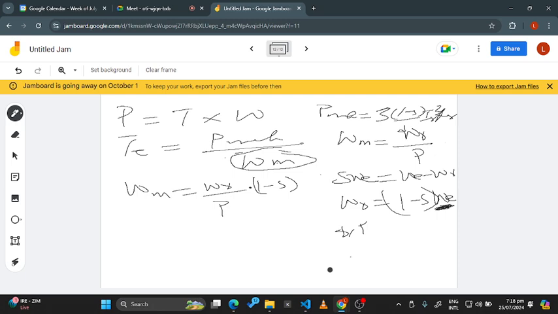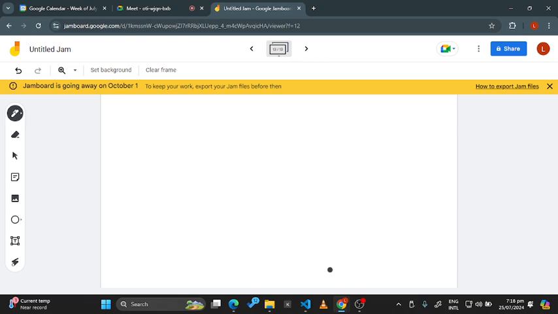So if I put this in, I get omega m should be equal to (1 minus S) times omega e divided by the pole pair. Then that will be my omega m. So now I can find my torque.